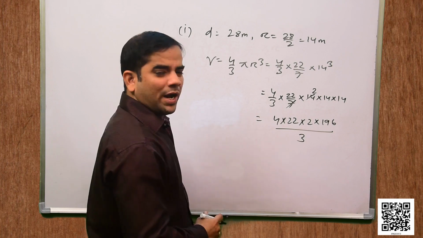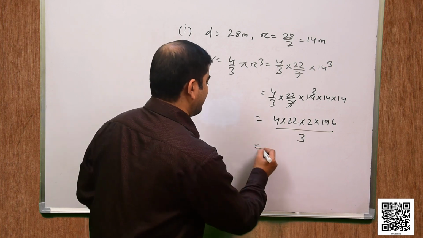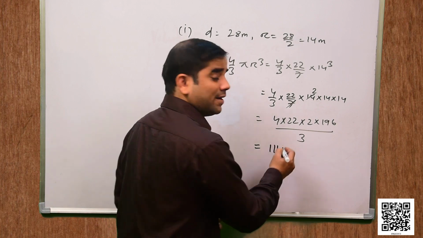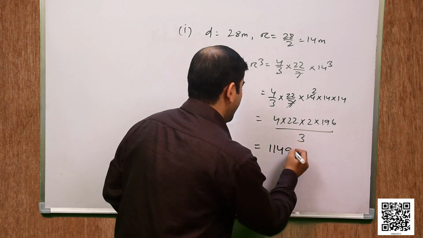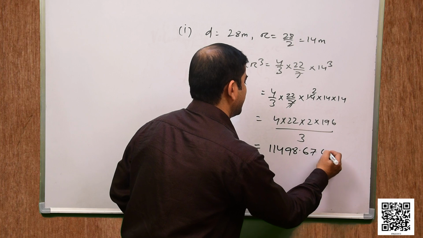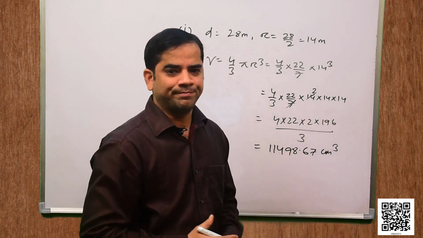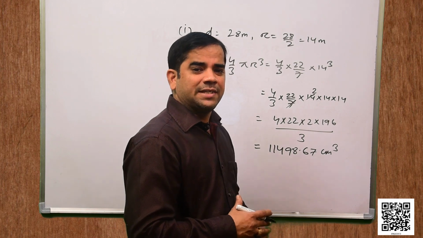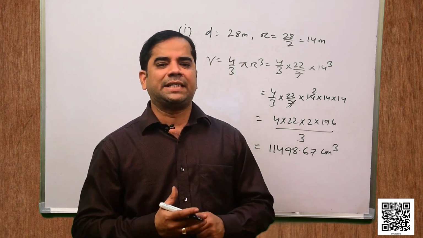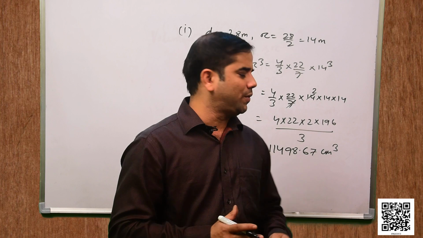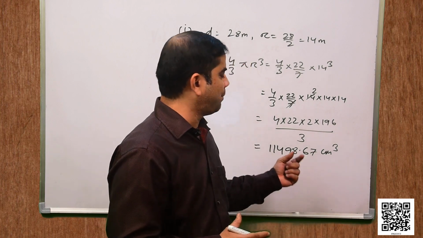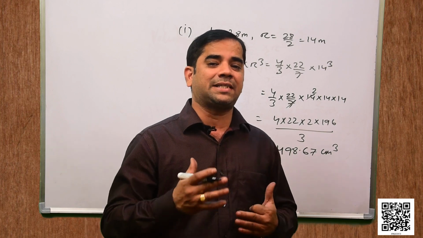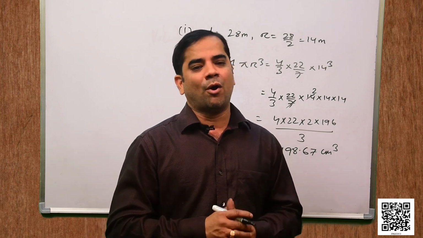When we calculate, it will give us a value equal to 11498.67 centimeter cube. So, this is the volume. Hence, 11498.67 centimeter cube of water gets displaced by the spherical ball.